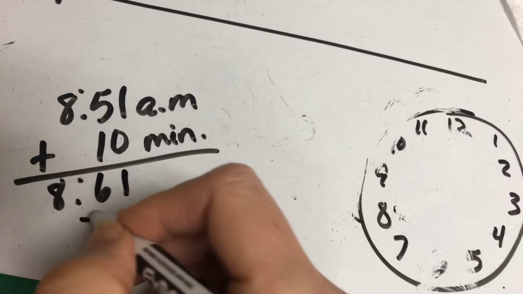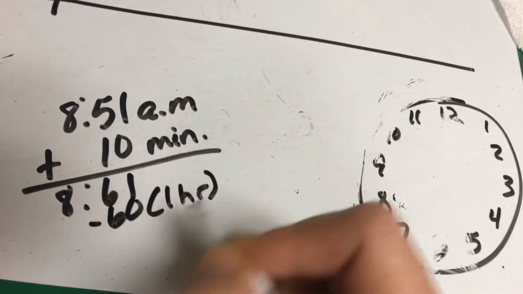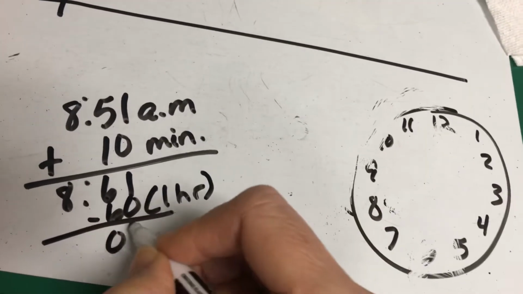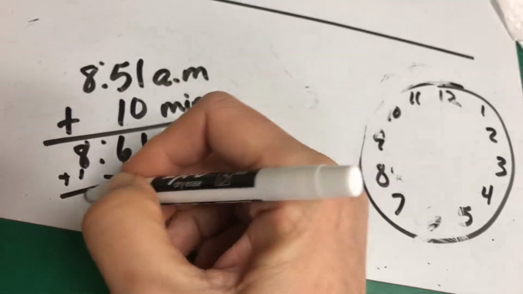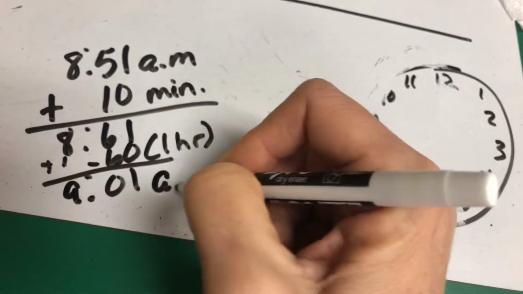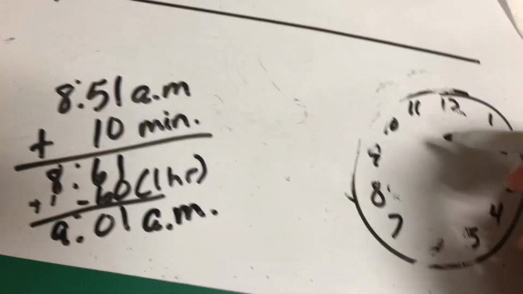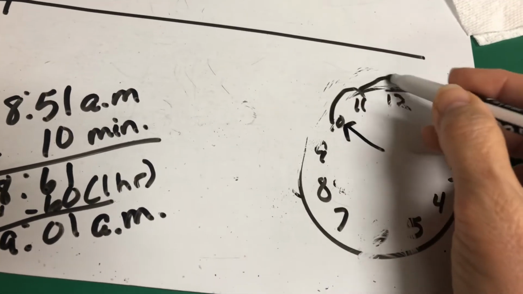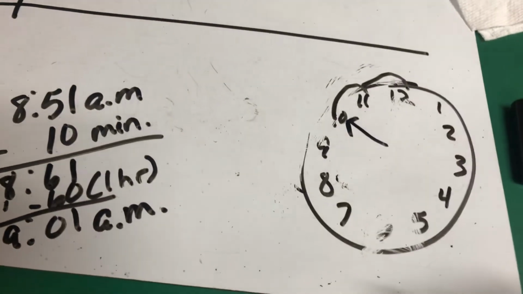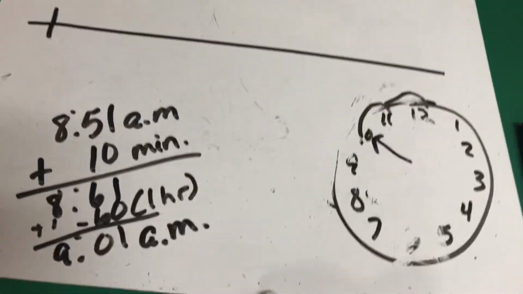So if I subtract off the 60 minutes, or 1 hour, that becomes an 01. If I add the hour over here, that becomes 9:01 AM. And if you look at the clock, if I go from 51 and 5, 10 minutes, that's how I'm going to get that. Let me give you another one to try.